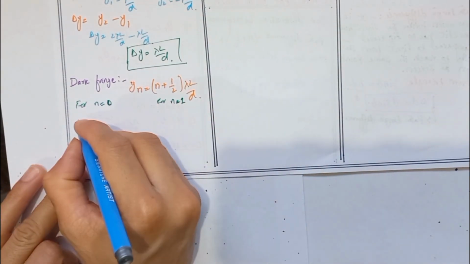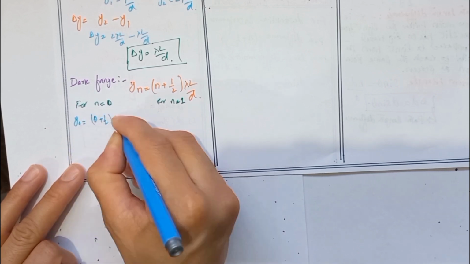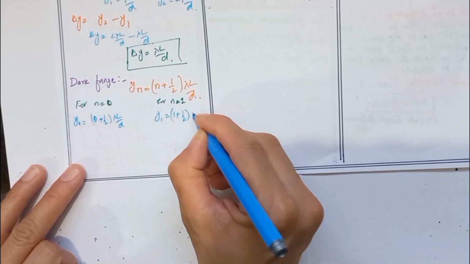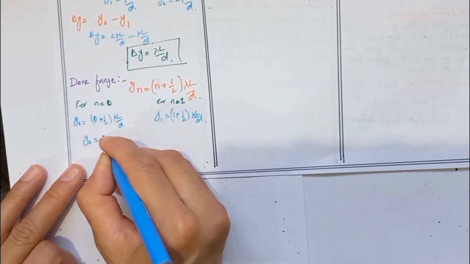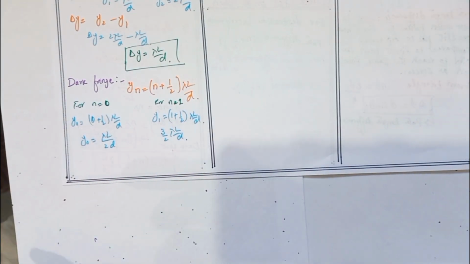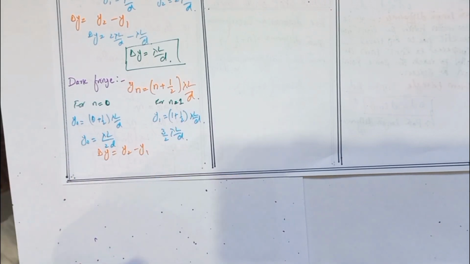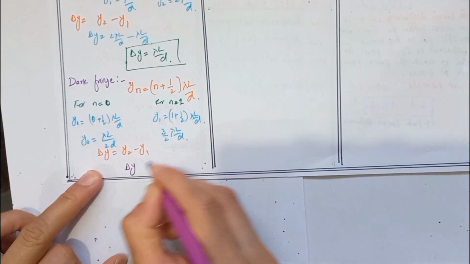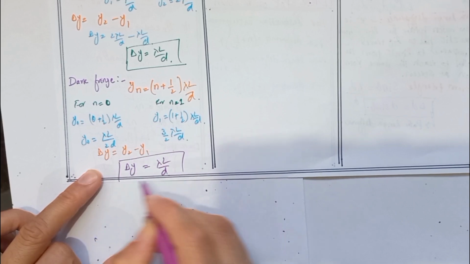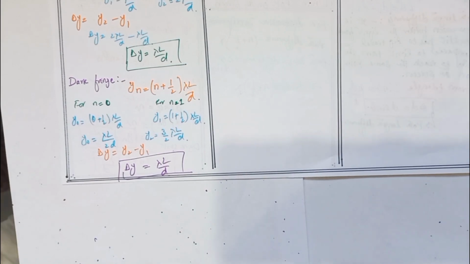So here y0 is equal to 0 plus half times lambda L over d, and y1 is equal to 1 plus half times lambda L over d. So y0 is lambda L over 2d, and y1 is 3 by 2 lambda L over d. So we can calculate the fringe spacing for the dark spot, delta y is equal to y1 minus y0. Putting in these values, we find that it is equal to lambda L over d. That is all about the fringe spacing.